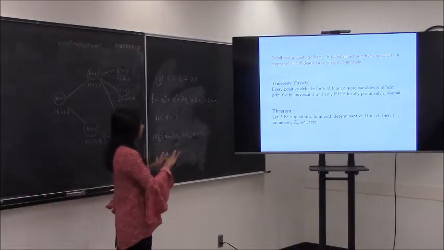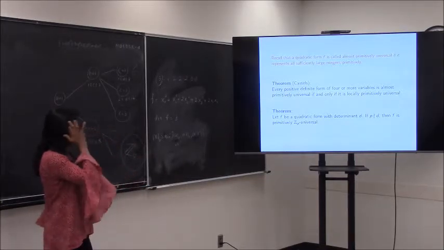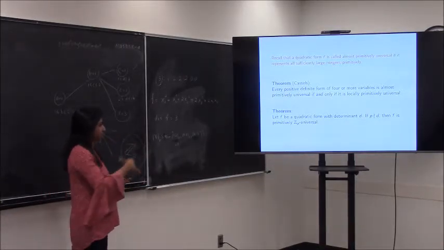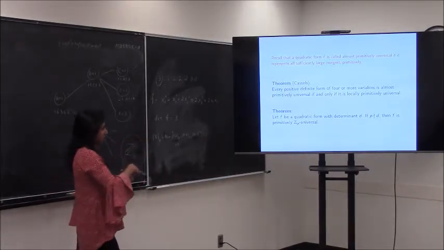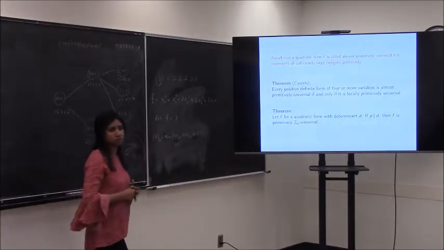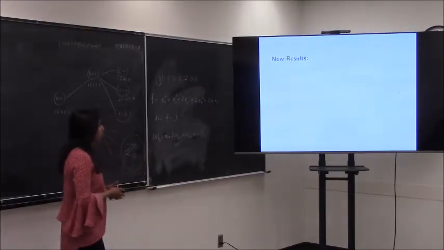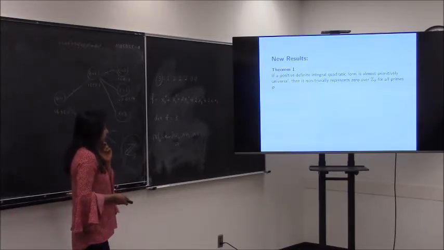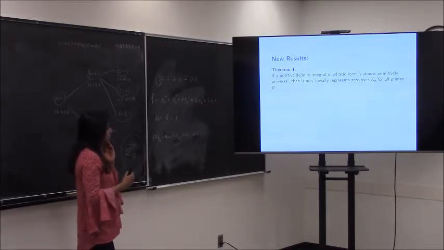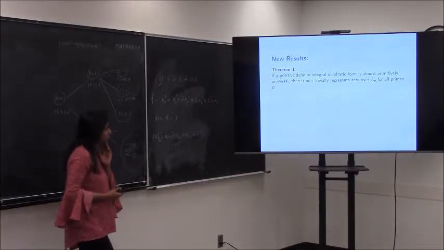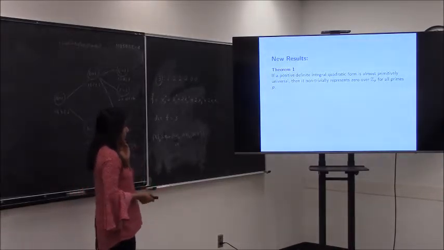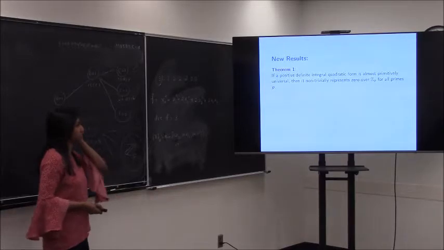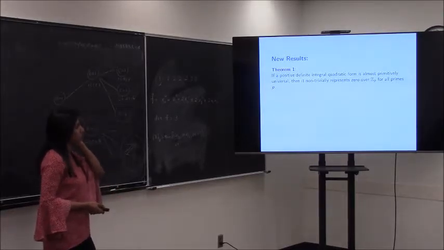When we studied this result and continued our study on almost primitive universality, we found some new interesting results. The first one: if a positive definite integral quadratic form is almost primitively universal, then it non-trivially represents 0 over Q_p for all primes p.